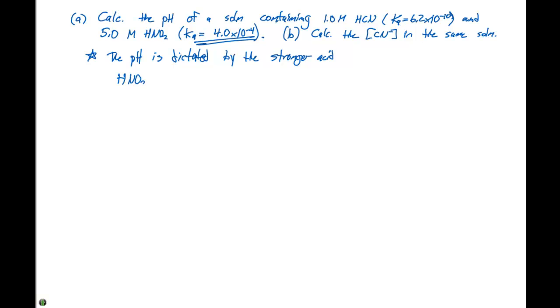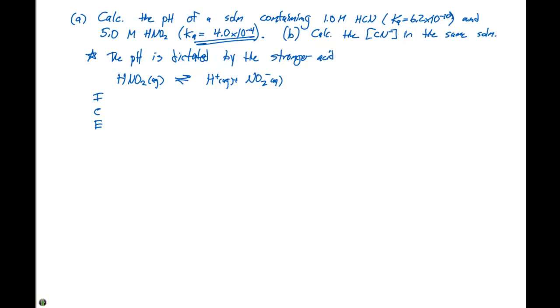So our HNO2 in aqueous solution is going to be in equilibrium with H plus and NO2 minus. And as we write these expressions, a lot of the times we don't include the water, so we just show what's breaking down, and now we can write this as H plus instead of H3O plus.